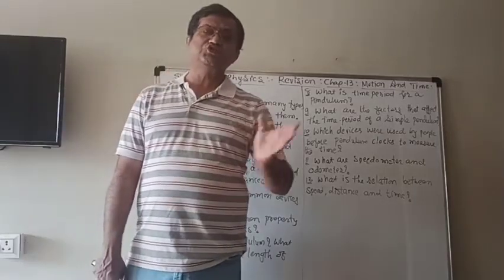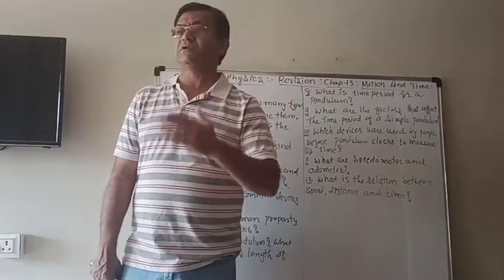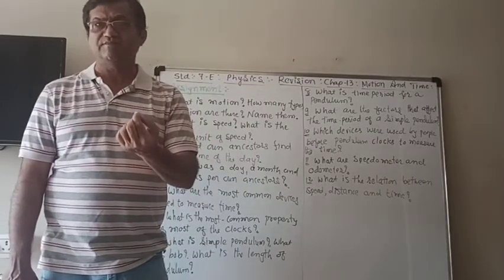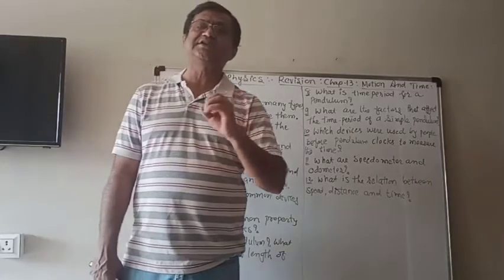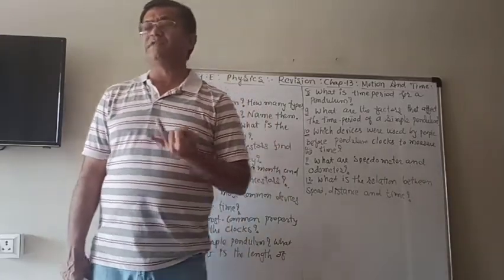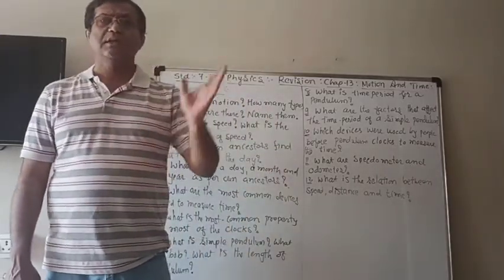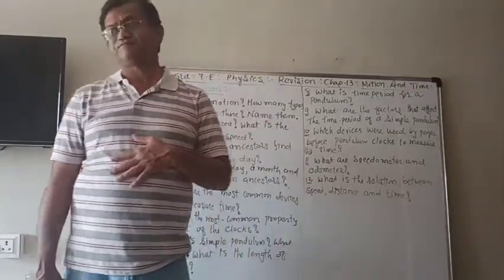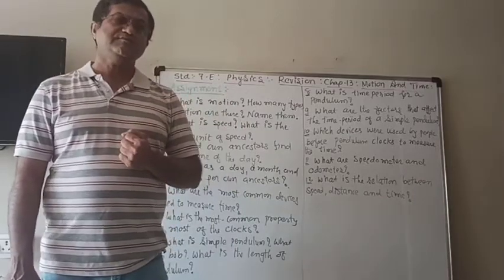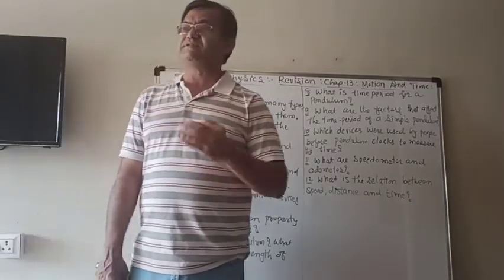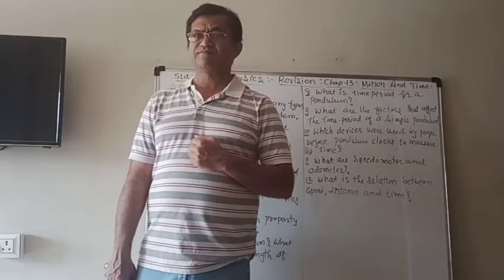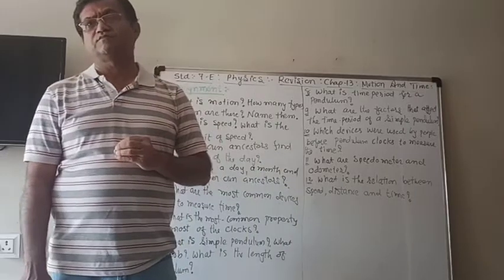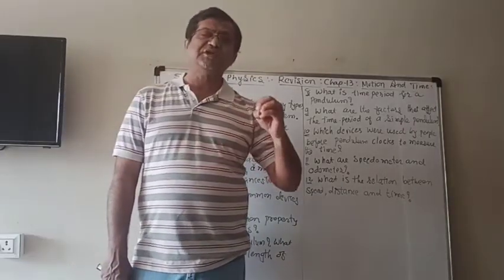Oscillatory motion is to and fro or back and forth motion along a middle point. For example, the motion of a swing, motion of a simple pendulum, etc. Then periodic motion means the motion repeats after the same interval of time.